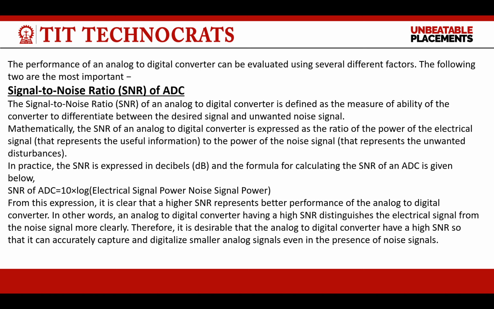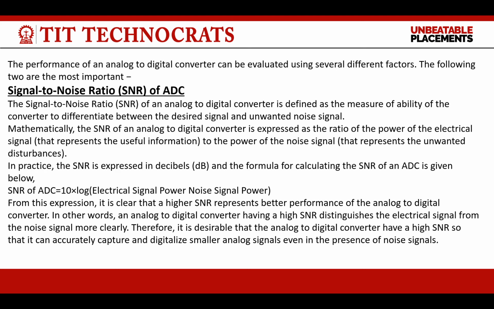In practice, the SNR is expressed in decibels, that is dB, and the formula for calculating the SNR of an ADC is given below. SNR of ADC is equal to 10 log of the ratio of electrical signal power to the noise signal power.